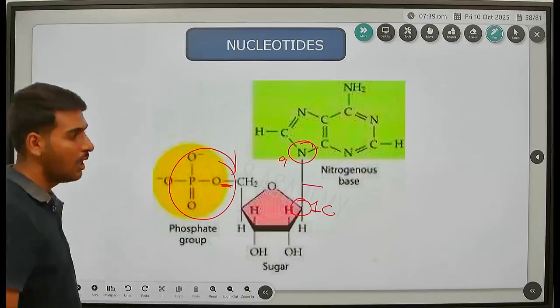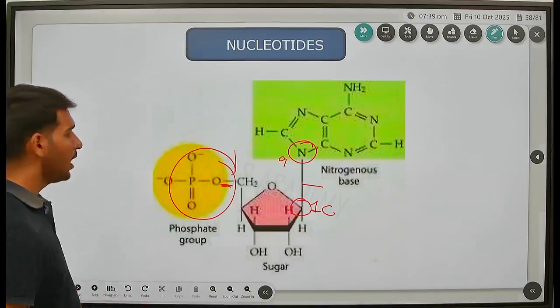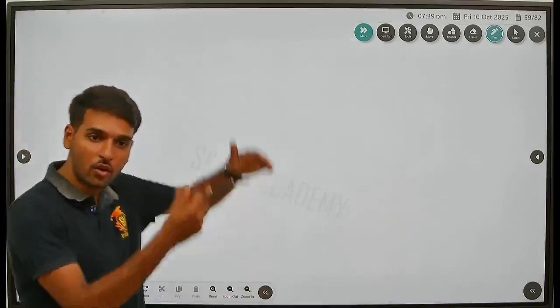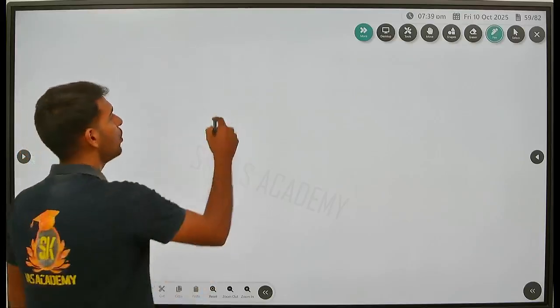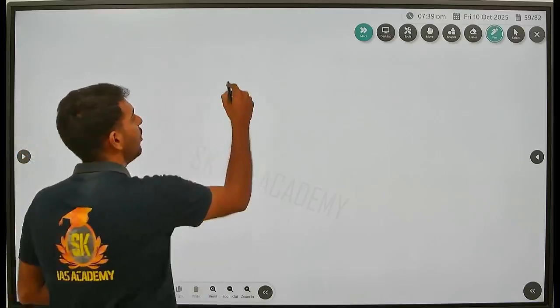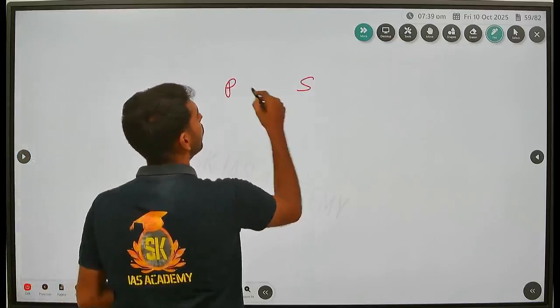What bond between phosphate and sugar? Phosphoester bond. Now one more thing to note: there is not just one nucleotide, many nucleotides form a linear chain.